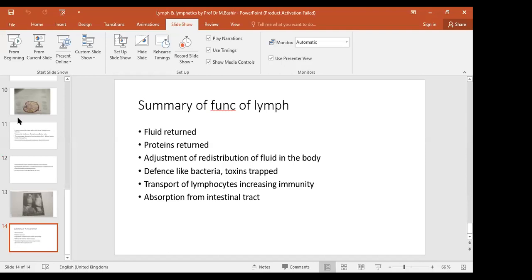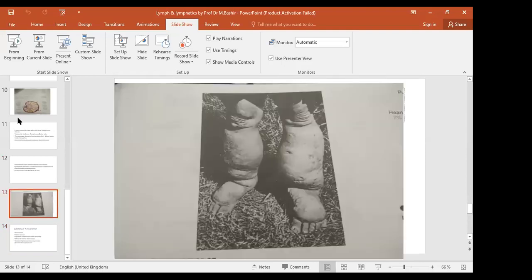Now if you look at this picture, the legs of this person are hugely swollen, like elephants. That's why this condition is called elephantiasis as well.